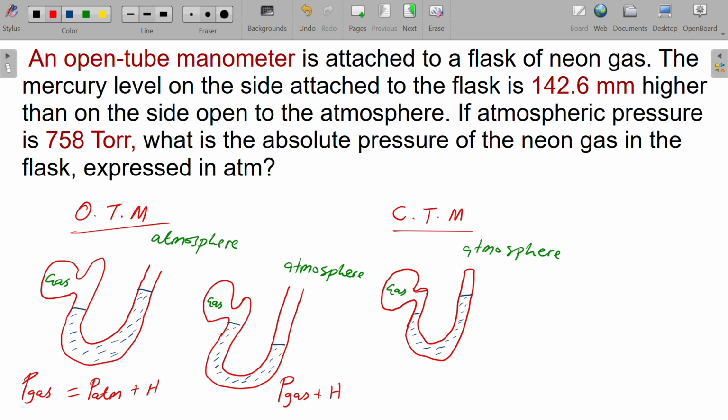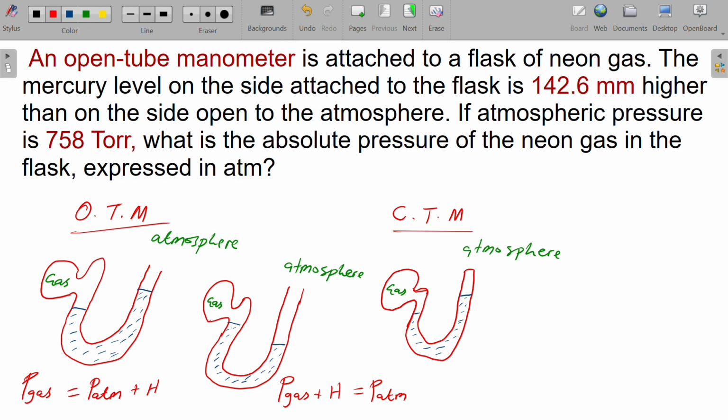Since the height is on the side of the gas, this must be equal to the pressure of the atmosphere. So that's the formula we need for this type of manometer. And if we have the other situation, we use the other formula. So these are the two formulas we need for open tube manometers.